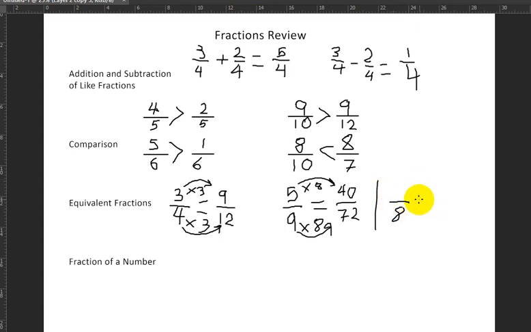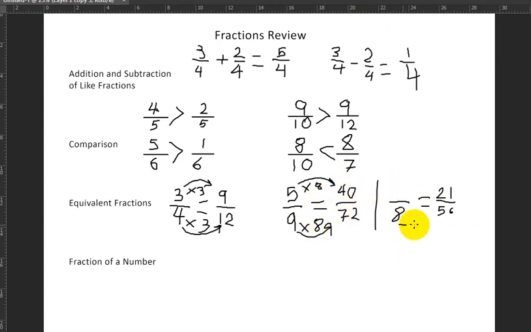I don't know what its numerator is, but I know that it is equal to 21/56. So we can just try to do this, but backwards.